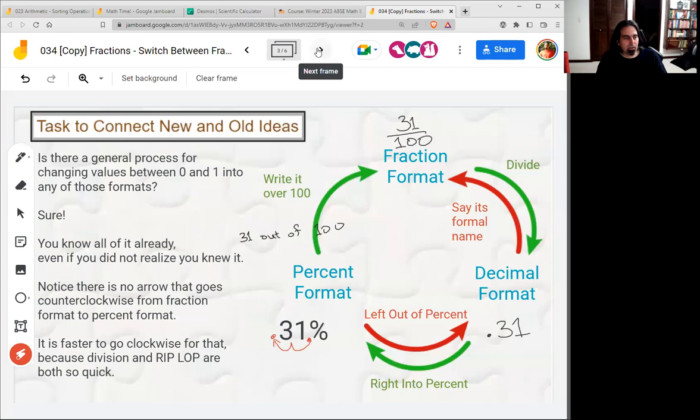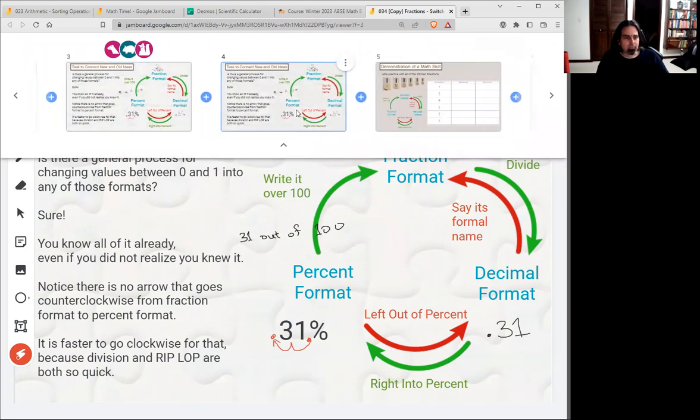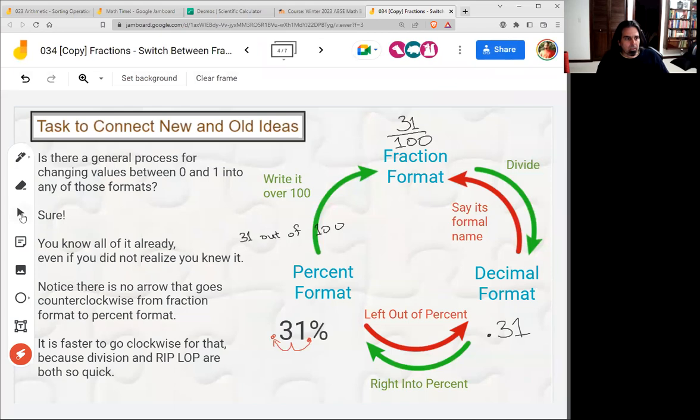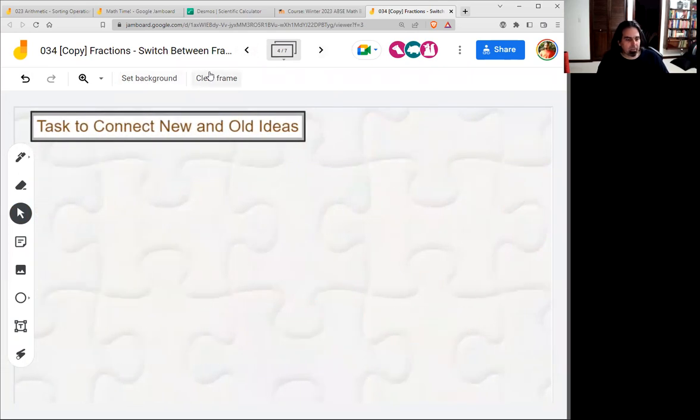Okay, that was one where we started with percent. Let's do another. I'm gonna steal you here.